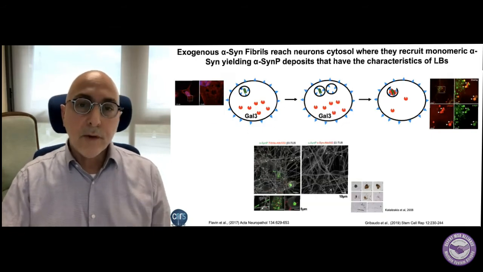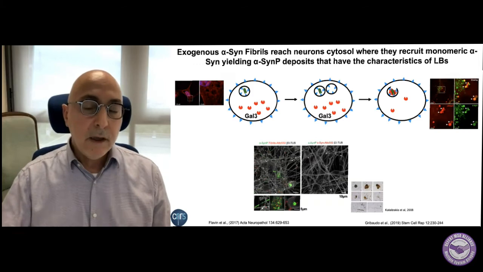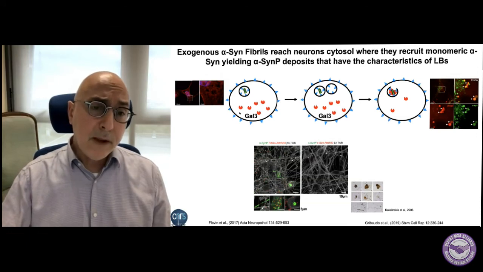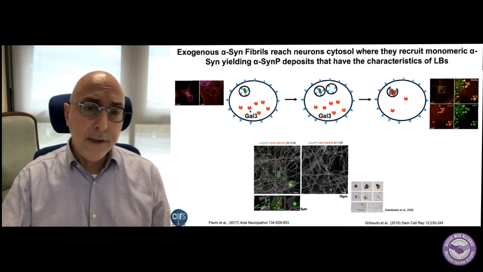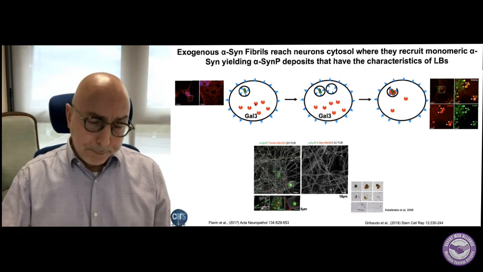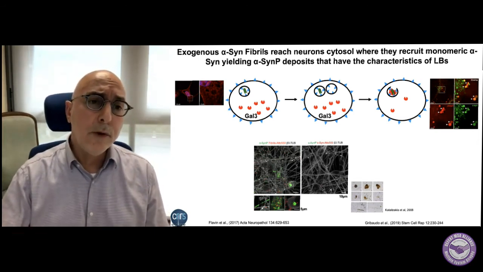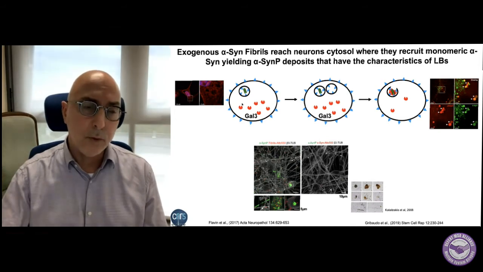During transport, these aggregates escape from the compartment where they are and reach the cytosol, where they amplify. We showed this with Ed Campbell using neurons that express the protein galectin-3. This protein binds to sugar at the surface of the cell or in the lumen of endosomes and lysosomes.